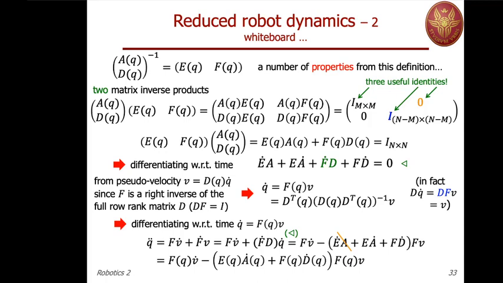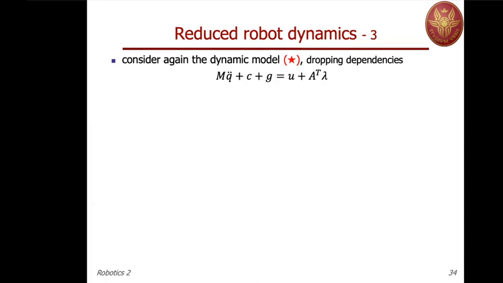Now we are in place to arrive at the reduced dynamic model using this expression of the acceleration q double dot. So we consider again the dynamic model subject to constraints, the one with the star: M(q) q double dot plus c plus g equal u plus the transpose of the constraint Jacobian A times the multiplier.